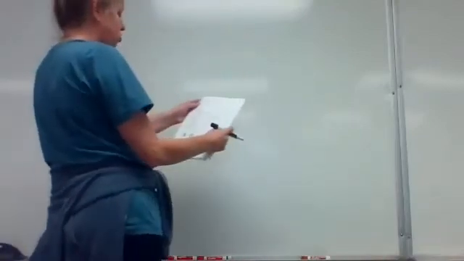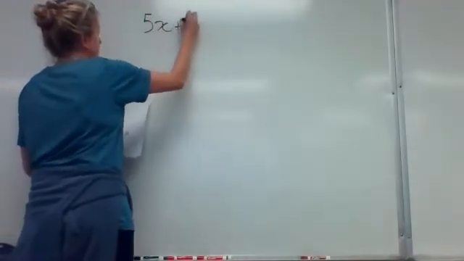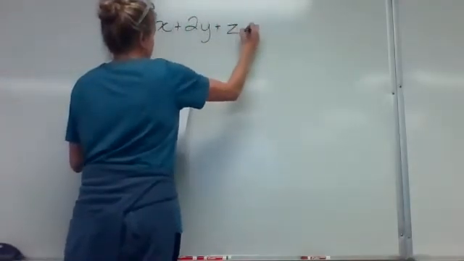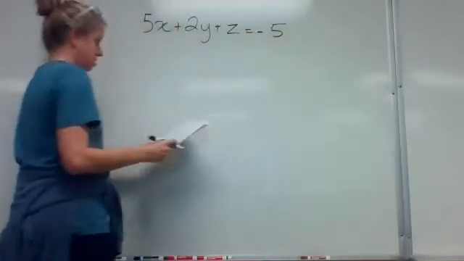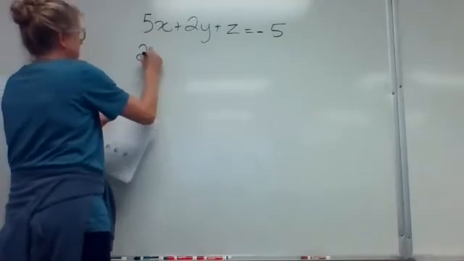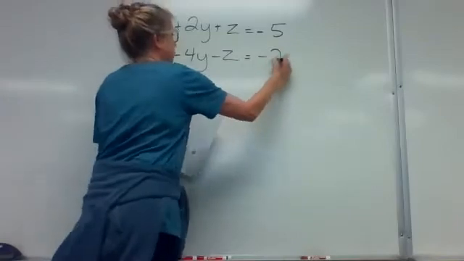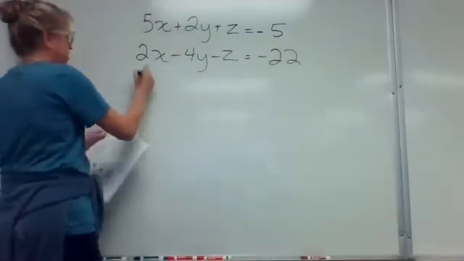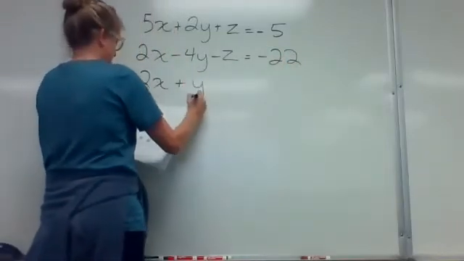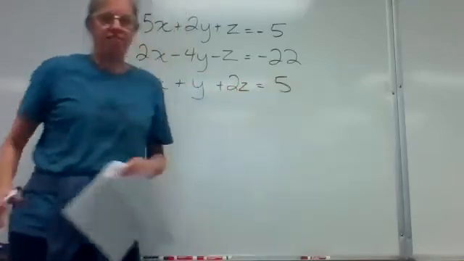Number 4. Number 4 is solving a system of equations. You have 5x plus 2y plus z equals -5, 2x minus 4y minus z equals -22, and 2x plus y plus 2z equals 5.